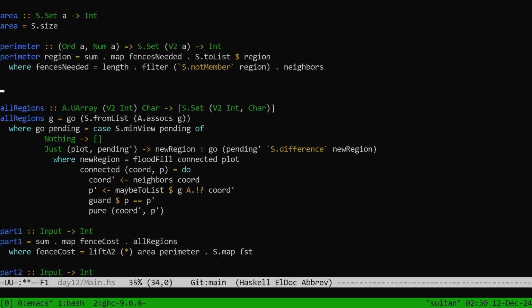Kind of weird. Fences needed is like what I want to name this new function. So we have a sides function which, provided A is ORed and num, takes a set of v2a and produces an... I mean, if we're going to write the entire sides function all in one go, then this can just return an int. I guess that's fine.